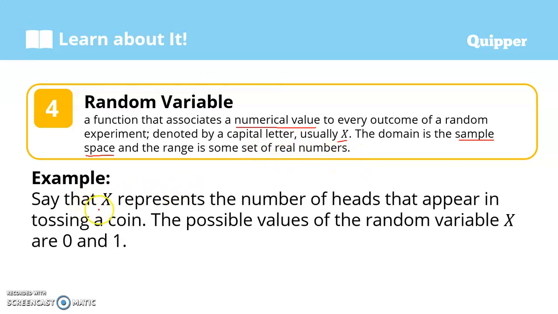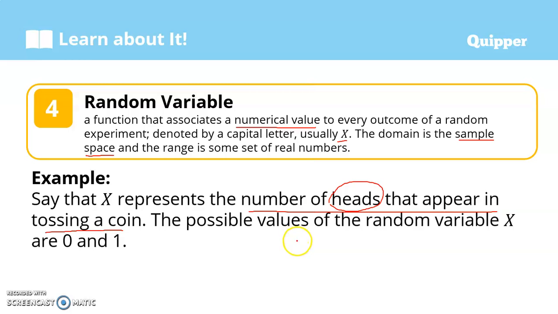Example, say that X represents the number of heads that appear in tossing a coin. So the possible values of the random variable X are 0 and 1. Bakit? The number of heads in tossing a coin. So when we toss a coin only once, the possible outcome would either be a head or a tail.